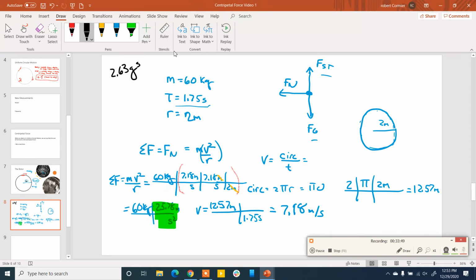The wall is pushing at a force that's 2.63 times the force that they normally feel exerted on them in order to hold them up. If they're laying in bed, the bed's holding them up with a force of 1 G. They're going down, their mass times G, and the force that's lifting up is their mass times G, right? Well, this wall has to push much harder than that.